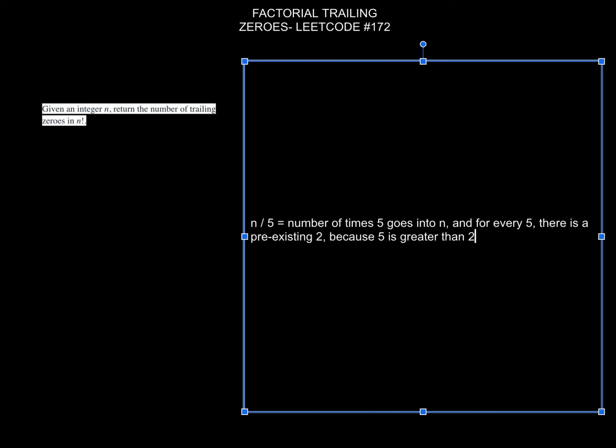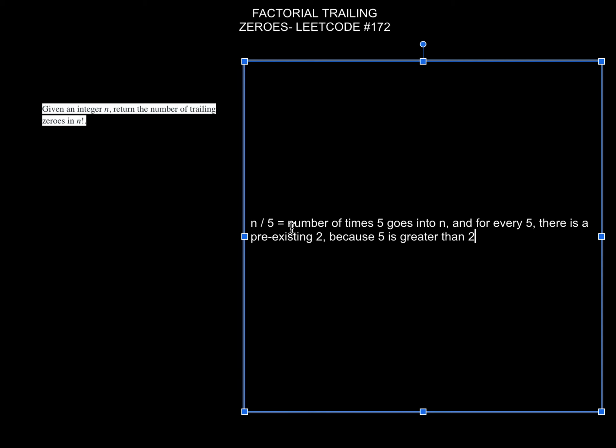So we could use this to count. Okay, so we have this number of 5s, and since 5 is greater than 2, for every 5 there must exist 2's trailing behind, which when multiplied equals 10.